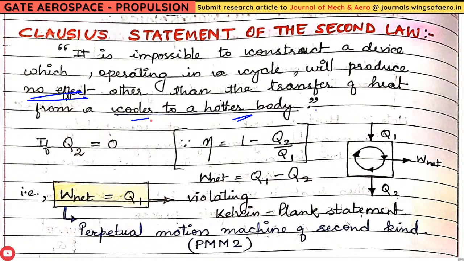Here they have stated two different devices: one is the refrigerator and the second one is a heat pump. So the Clausius statement represents the refrigerator and the heat pump, HP in short. It is just a reverse process of your heat engine.